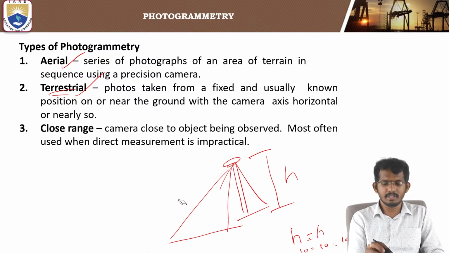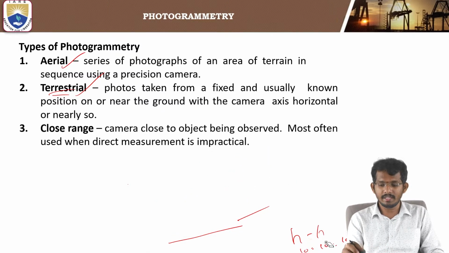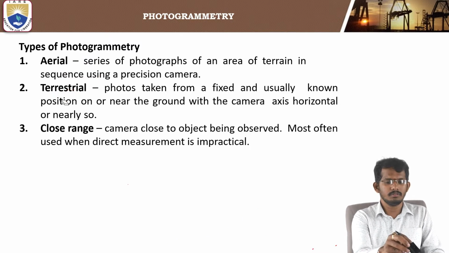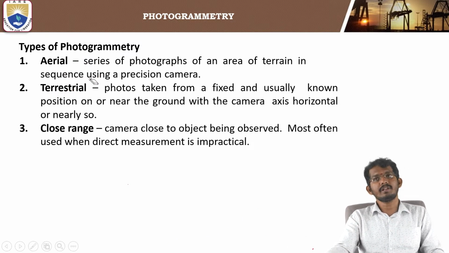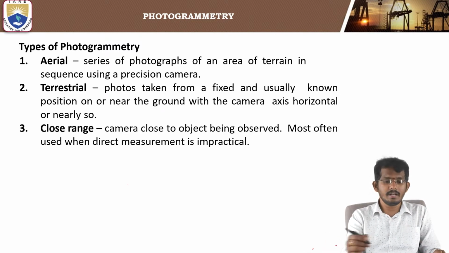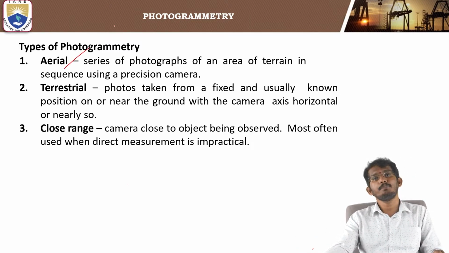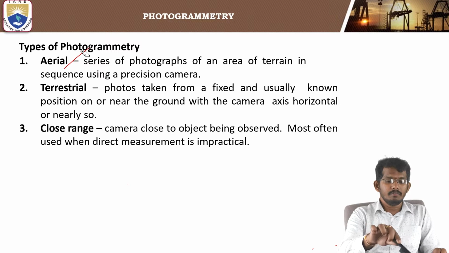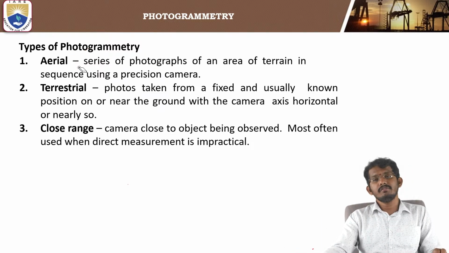Terrestrial photogrammetry is also a method where we capture photographs using terrestrial heights. Here we use a phototheodolite, whereas in aerial photogrammetry we use a camera fixed on airborne vehicles like Rustom 2. In terrestrial photogrammetry we capture photographs from terrestrial heights.